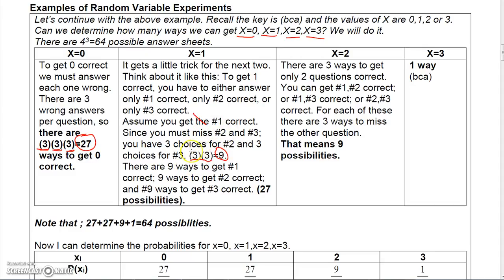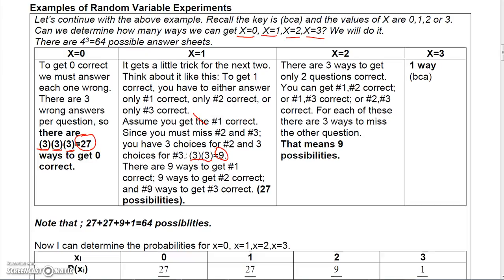You could get question 1 wrong and get the other 2 correct. I'm sorry, I said that backwards. X is the number of correct ones, right? So you could get number 1 correct and miss 2 and 3.